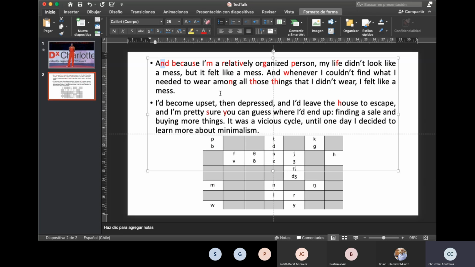Do you agree with that? Yes. And the second consonant sound is D, which is an alveolar and a stop. And maybe, Sebastian, could you tell me if it's voiced or voiceless? I think it's voiceless.